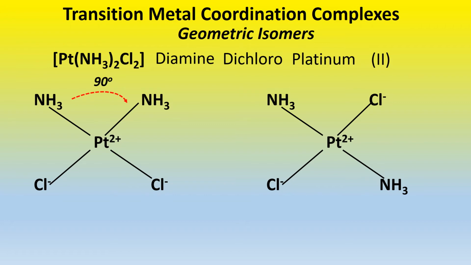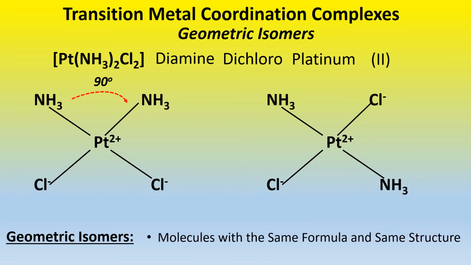These two molecules are examples of what are known as geometric isomers. As you can see, they are, first of all, molecules with the same formula, Pt(NH3)2Cl2, and the same square planar structure. But they differ in the arrangement of the ligands.